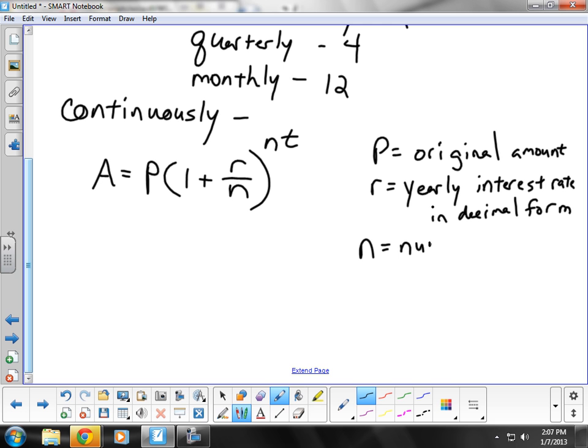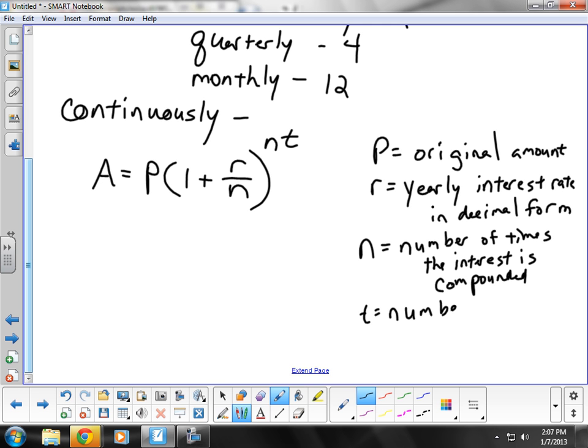N is the number of times the interest is compounded. And T is the number of years. T is the time and the number of years.